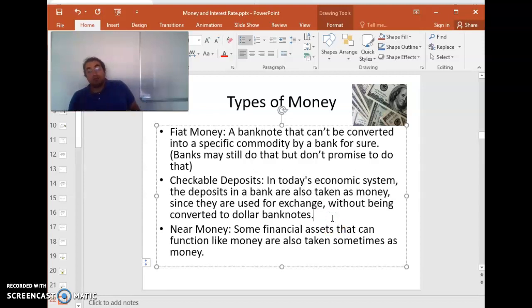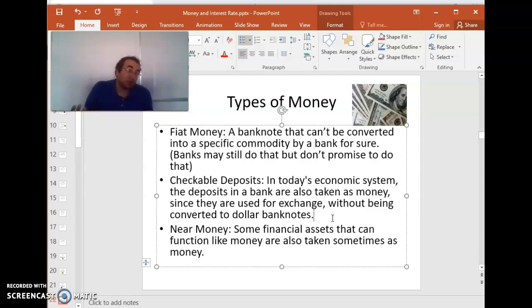And here we come to the other thing that is used as money. I can use this card to buy different things. So basically, the deposits in the bank that are represented by this card are also money. Aren't they paper money anyway?